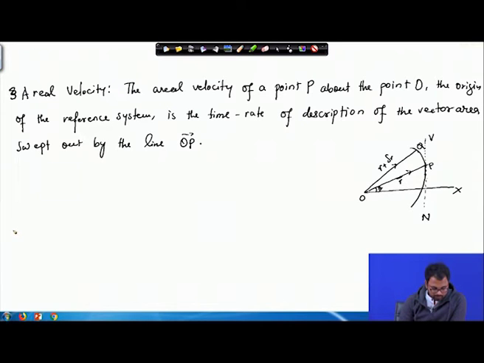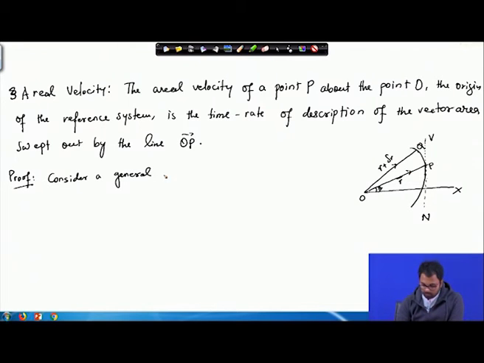We start with a small proof. Consider a general case of motion. This particle P is moving along this curve.